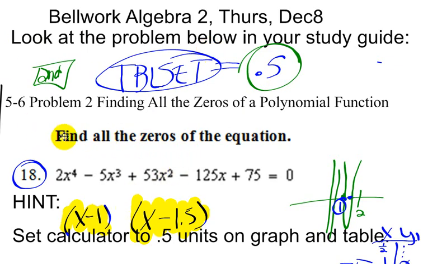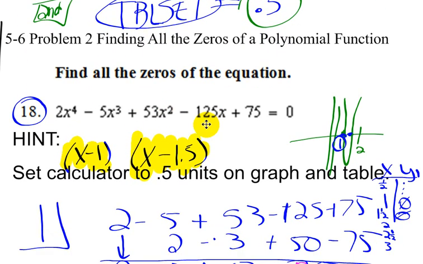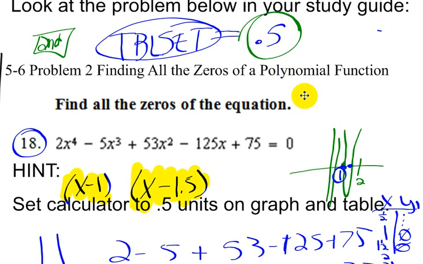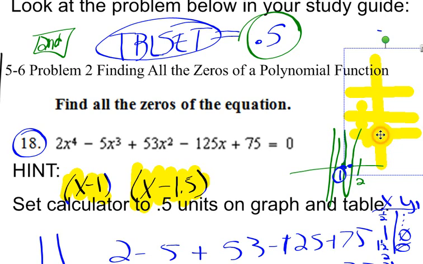Now for 18, it says find all the zeros of the equation. And on this, I gave you a hint to set your table units to 0.5, and that's also on your instruction sheet. Then you can actually see the zeros, okay? But if you don't set it to half, it's never going to show, because it's just going to go in those increments of whole numbers, and you need to see that it's on the halves.